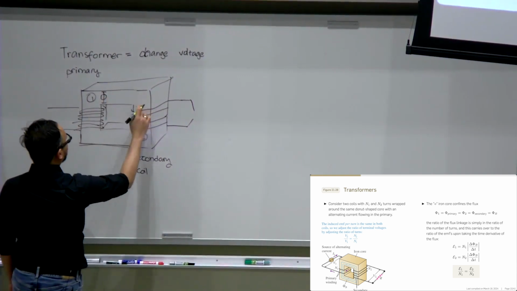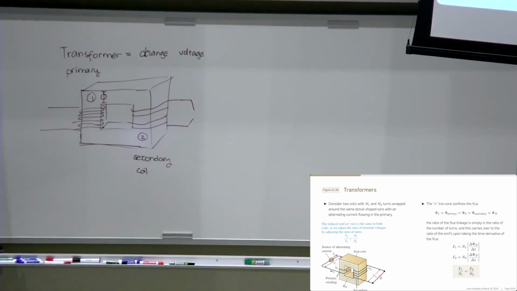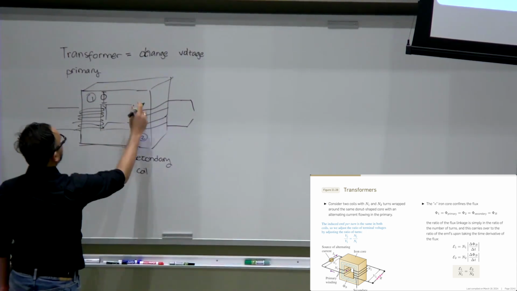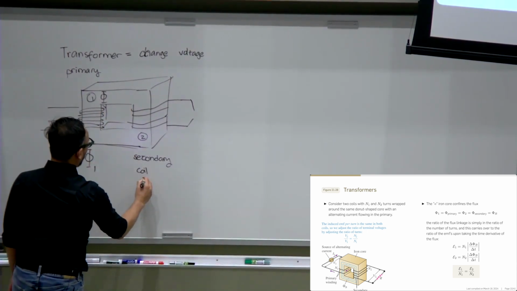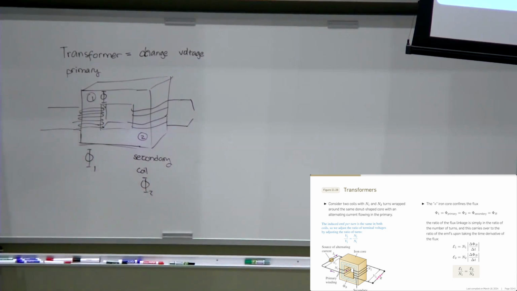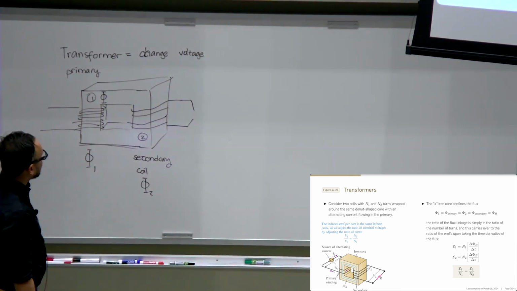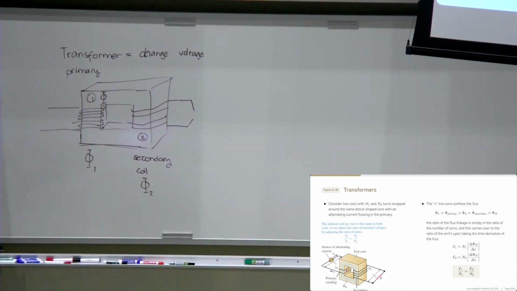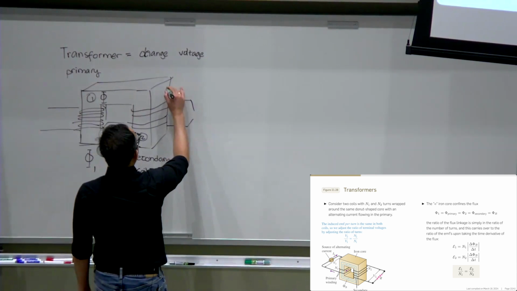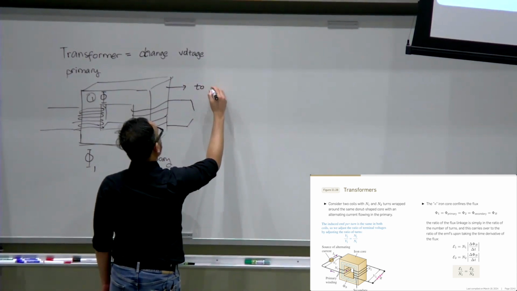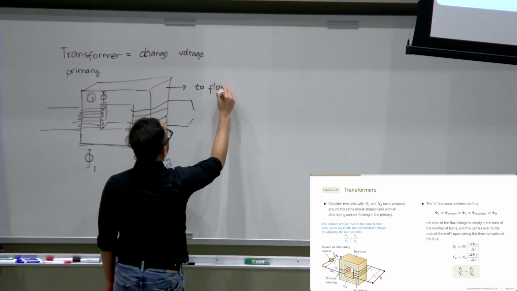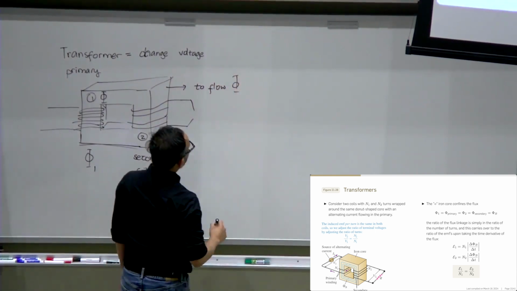And because of this conducting or magnetic material, the flux in one is equal to the flux in the secondary coil. That's basically the reason why we put this iron core. So this one is to flow flux, I guess you can call it that way.